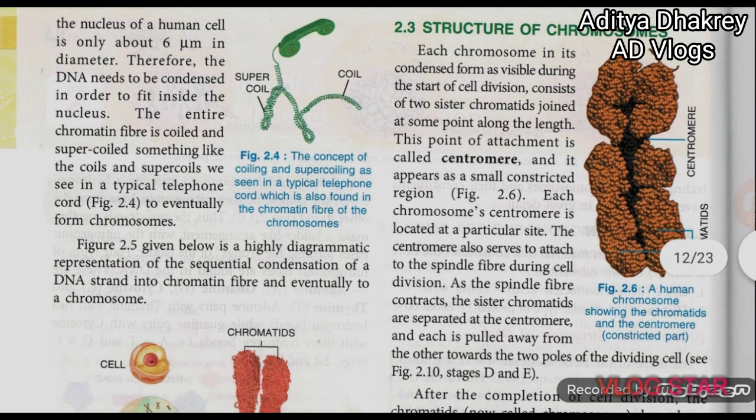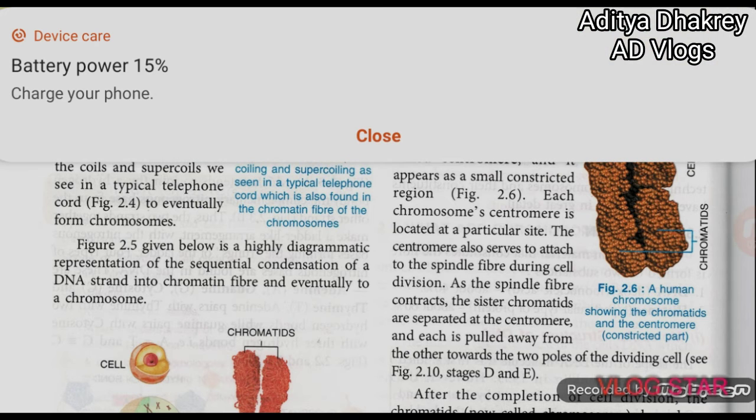Now, structure of chromosomes. Each chromosome in its condensed form, as visible during the start of cell division, consists of 2 sister chromatids joined at some point along the length. This point of attachment is called the centromere, and it appears as a small constricted region.